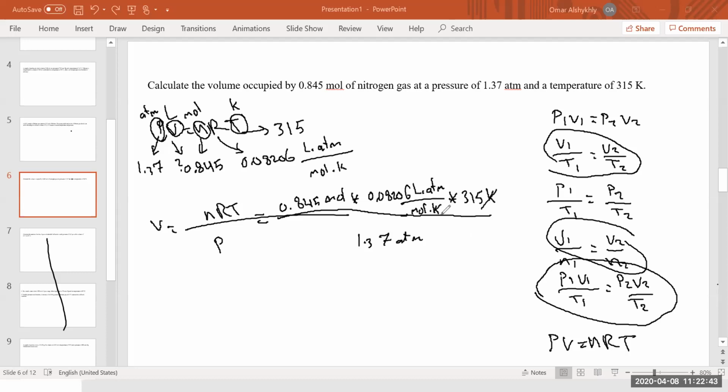Now Kelvin will be cancelled with this Kelvin, mole with this mole, atmosphere with this atmosphere, then we will do the math and our unit will be in liter. So here we will have 0.845 times 0.08206 times 315 divided by 1.37, that will give us 15.9 liter is the volume.